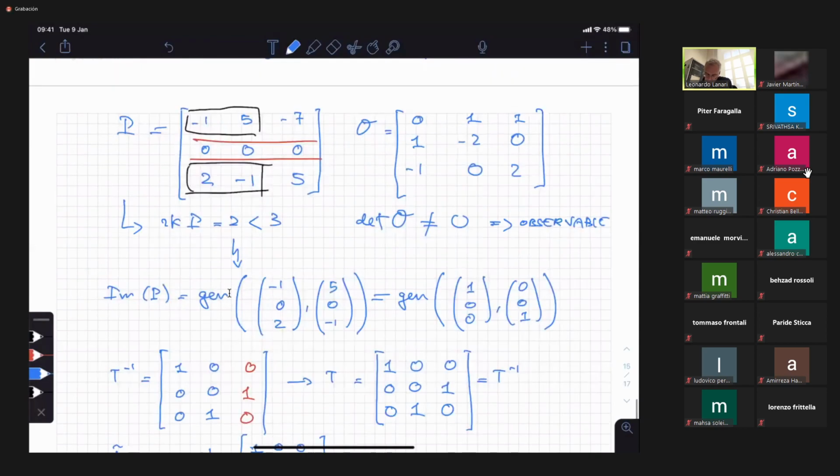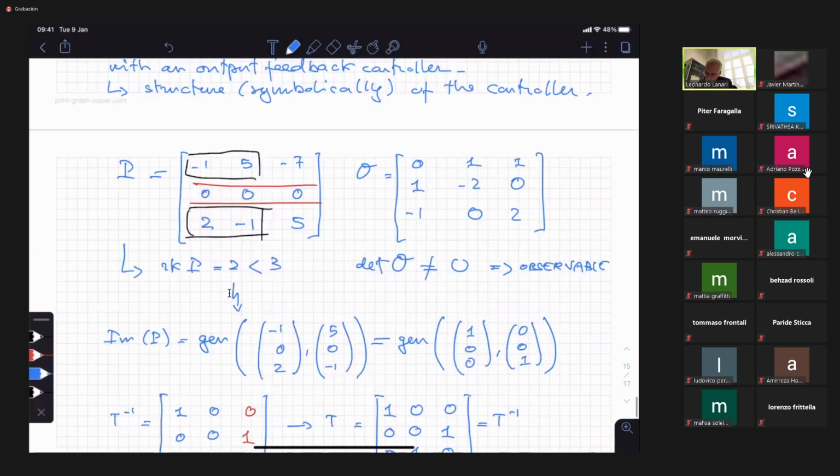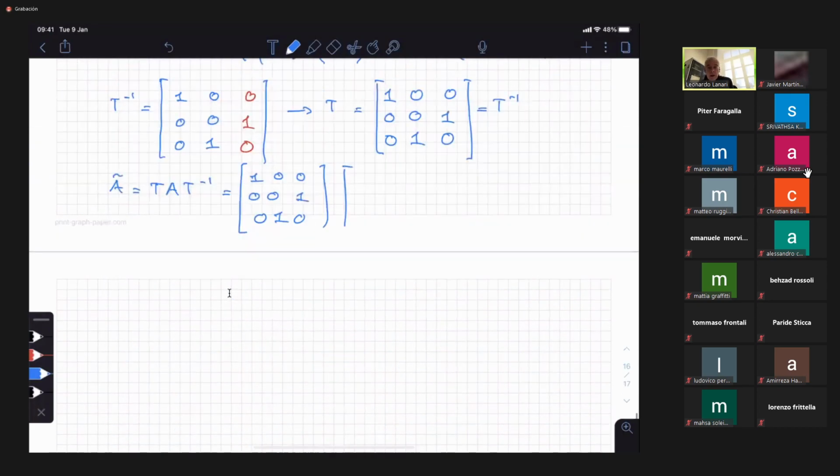Okay. I have it here. So the A matrix is -1, -2, 2, 0, -1, 0, 1, -1, 0.